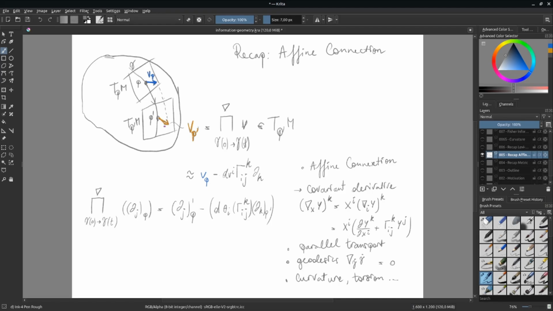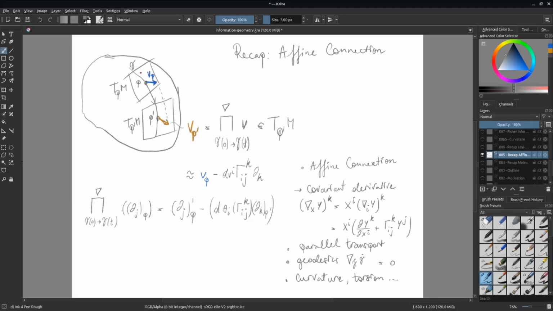For example, maybe I have a path that goes along my manifold, and at some point P on that path, I have some vector in the tangent space, and I would like to be able to translate it or move it to the tangent space at another point P prime.